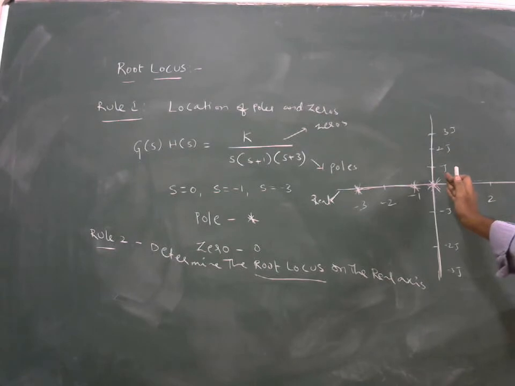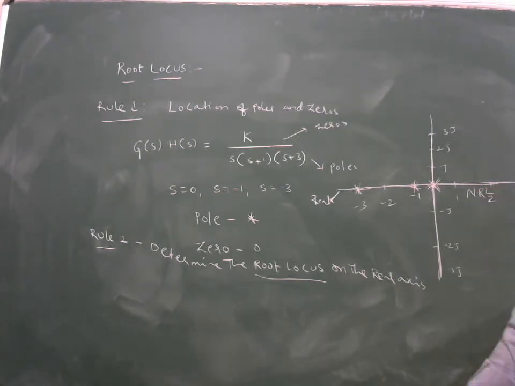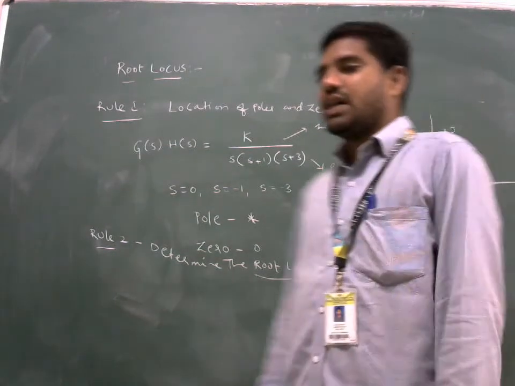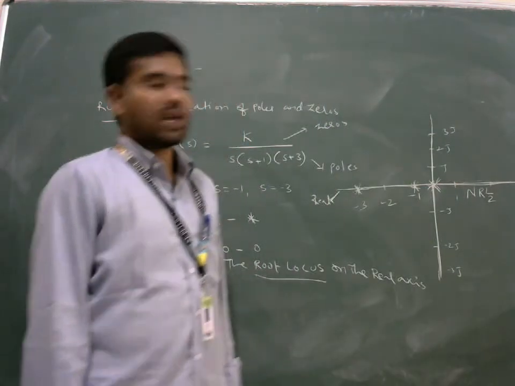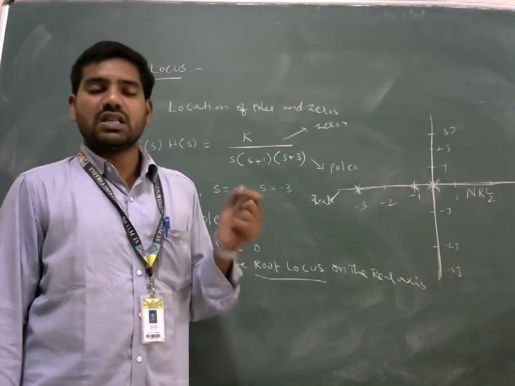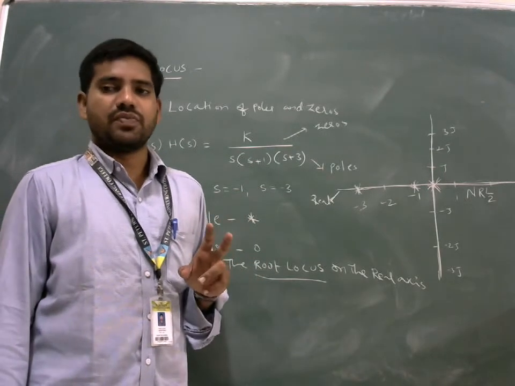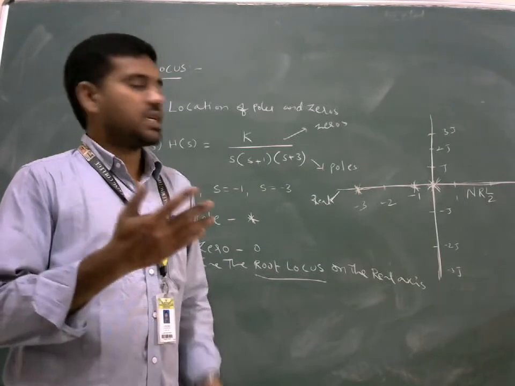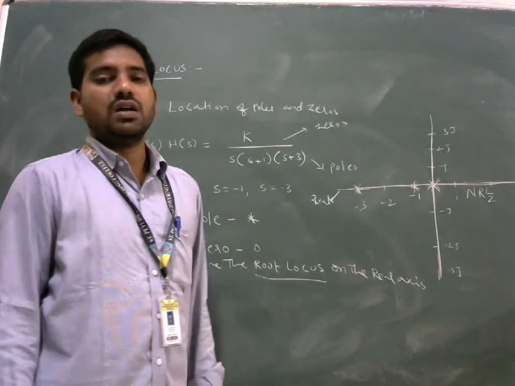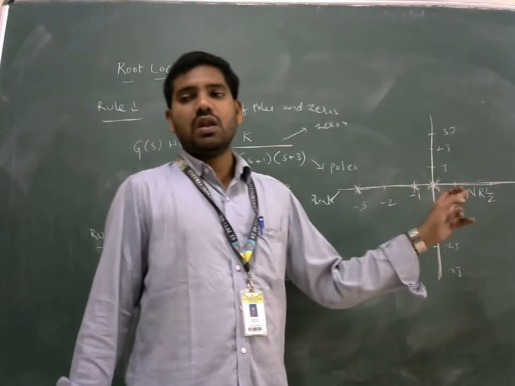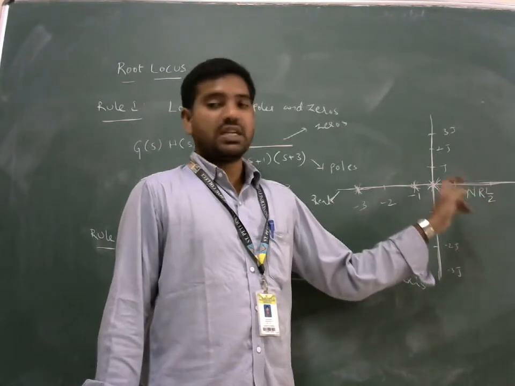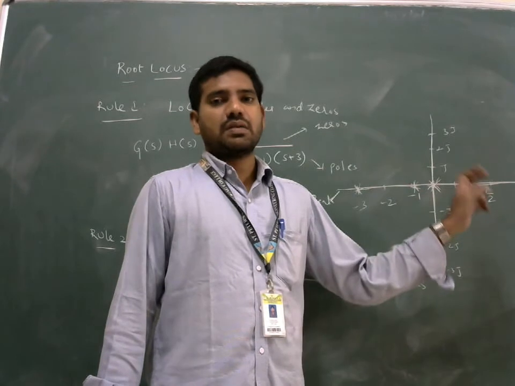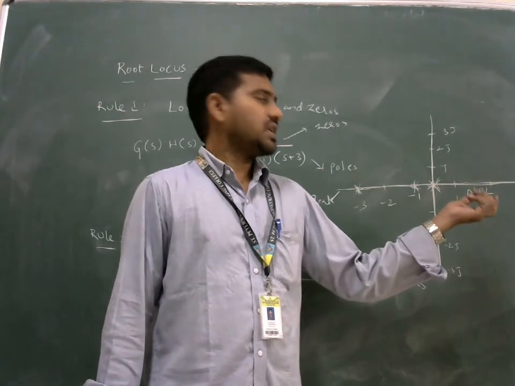You need to consider how many poles and zeros are on the side to be checked. There are no poles and zeros. 0 is an even number, so there will be no root locus in that particular path.